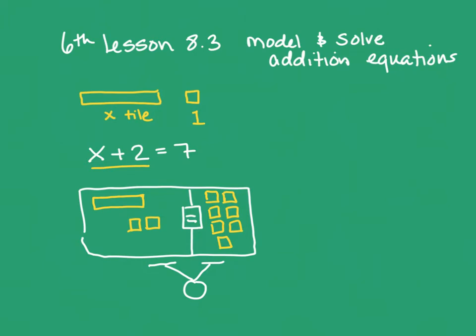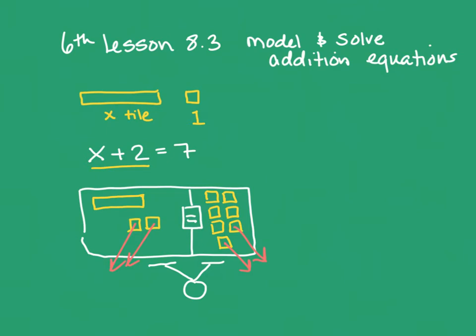Off, off. Remember my balance scale? This is supposed to stay equal. So if I take 2 off this side of the equation, then I had better take 2 off this side of the equation in order to keep it balanced. And what does that leave me with? That leaves me with just this 1x by itself, equaling 1, 2, 3, 4, 5.